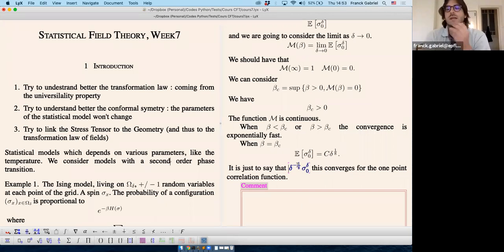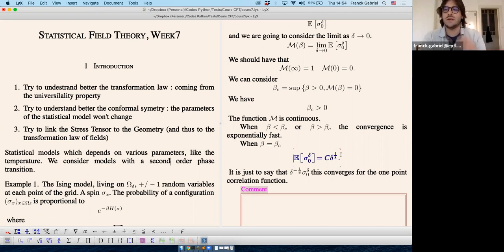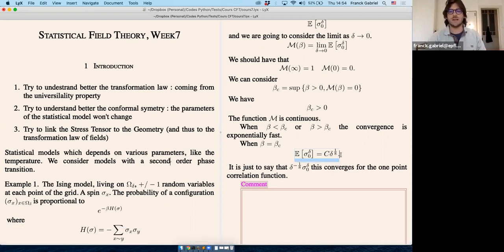So you can already think that the underlying continuous field will have a scaling dimension, which means the sum of the left dimension and right dimension will be equal to 1/8. So it gives us already some hints that we might be able to define a scaling limit. It has really the flavor that we would like, and we even have a guess already about what will be the scaling dimension of the field underlying the spin.